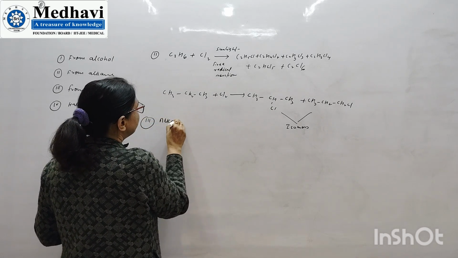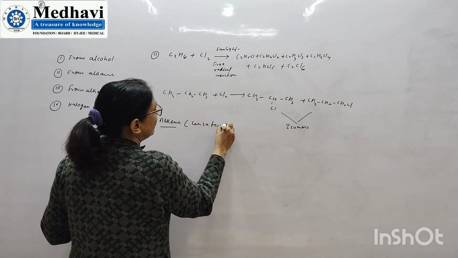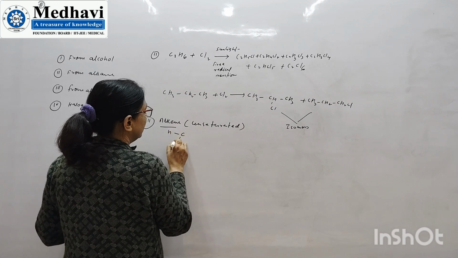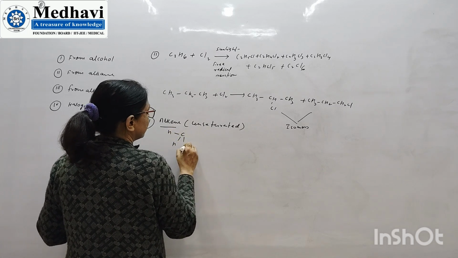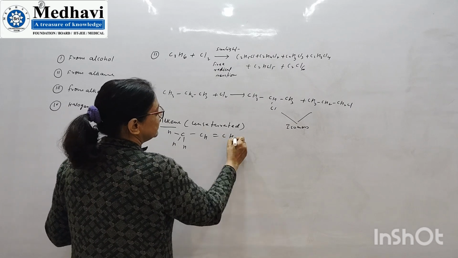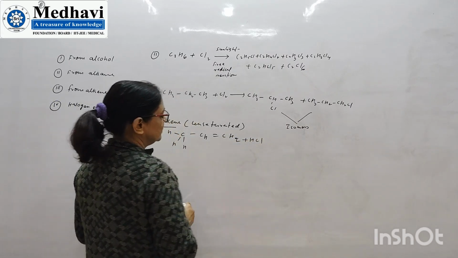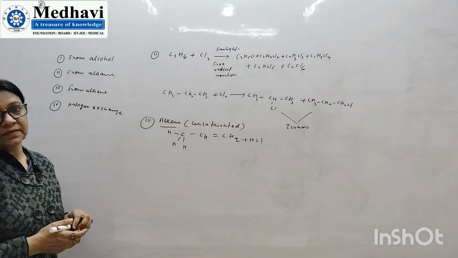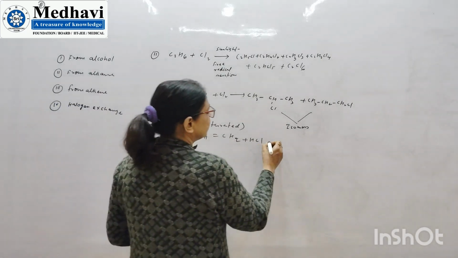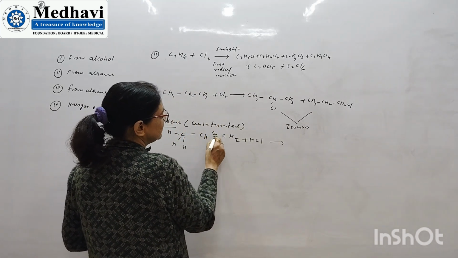Mind it, alkene is an unsaturated compound. Here a double bond is present, and whenever there is a double bonded compound, suppose this is a reagent and it is reacted with, suppose, HCl, then in this case, in this double bond there are two bonds, one pi bond and one sigma bond.